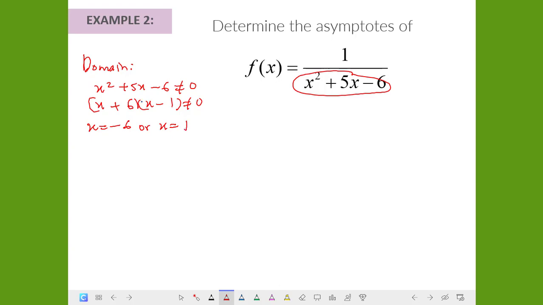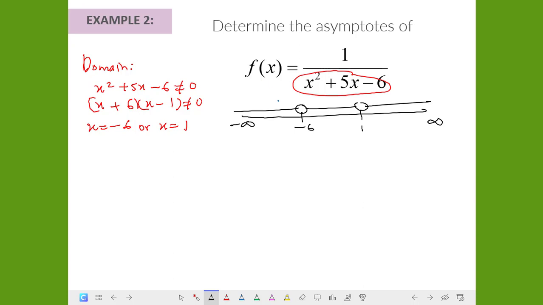Now the domain is all real numbers except negative 6 and 1. You have to get rid of negative 6 and 1 to make sure this function is defined.